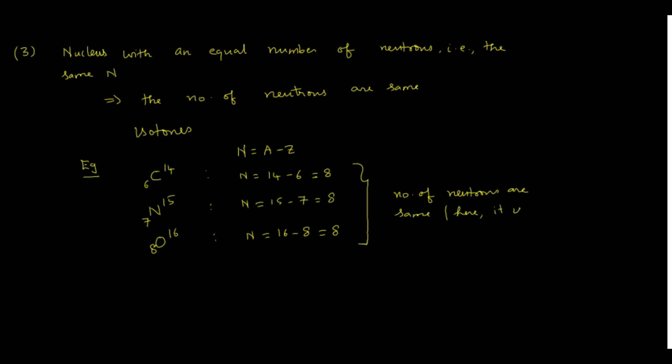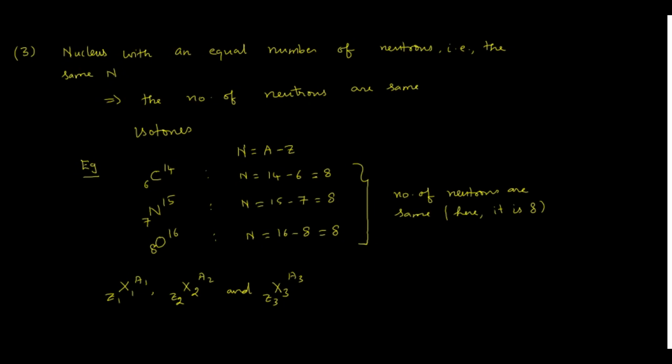Okay, so for instance, suppose I have three nuclei X1, A1, Z1, X2, A2, Z2, and X3, A3, Z3. You can also extend to any number of nuclei, so I have just taken an example with 3.